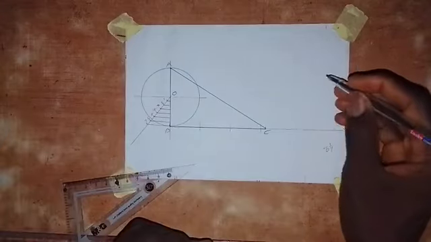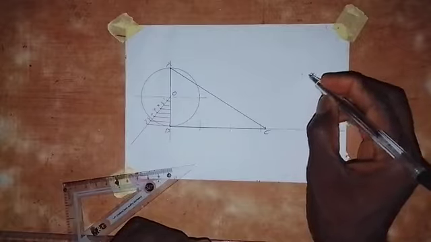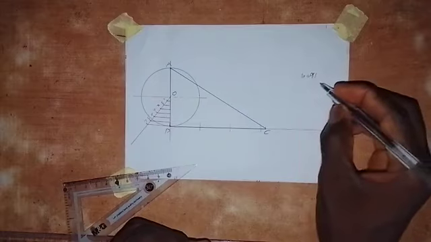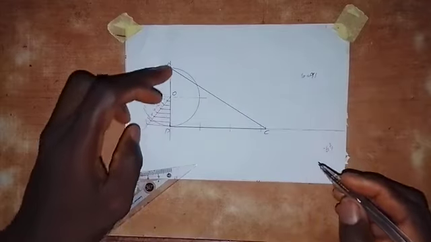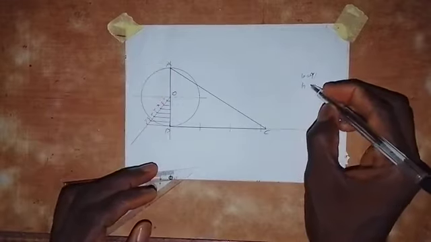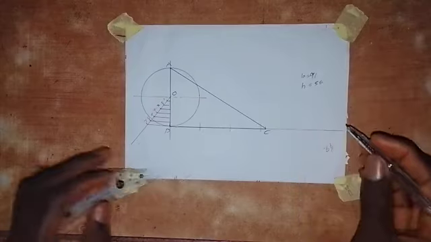So the base is 91 millimeters, and the height is equal to the diameter of this circle. So the height of the triangle is equal to 56 millimeters as we have here.